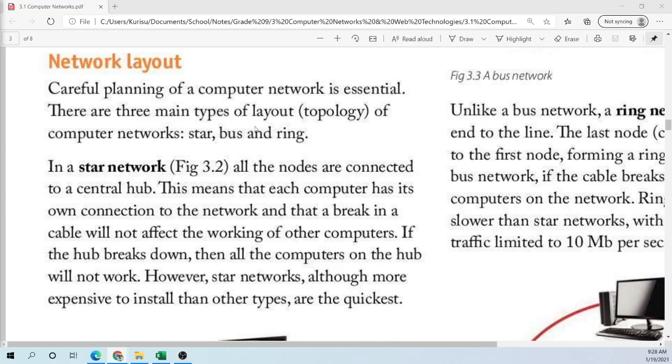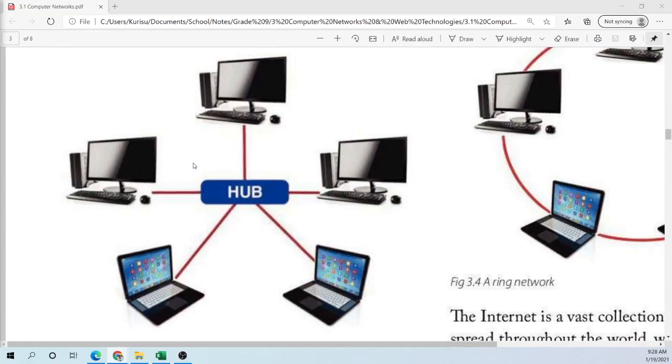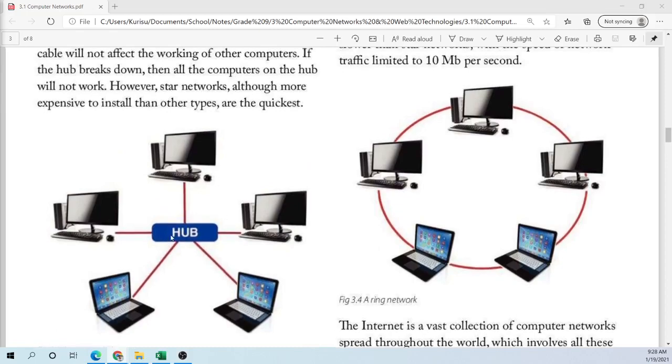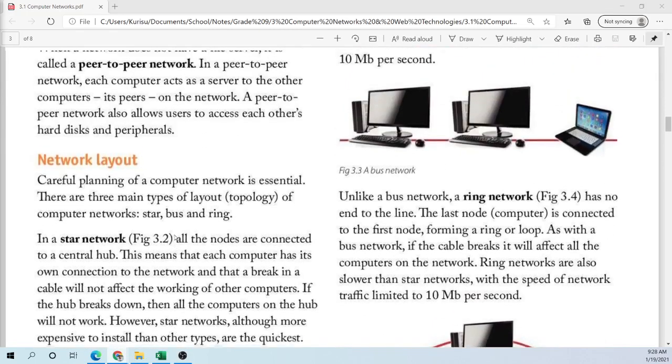So a star would have many points. So if you look at the diagram here for a star network, you can see it has a central device and it has many points. It has 5 points here. Now it can have more than 5. So that would be considered a star.